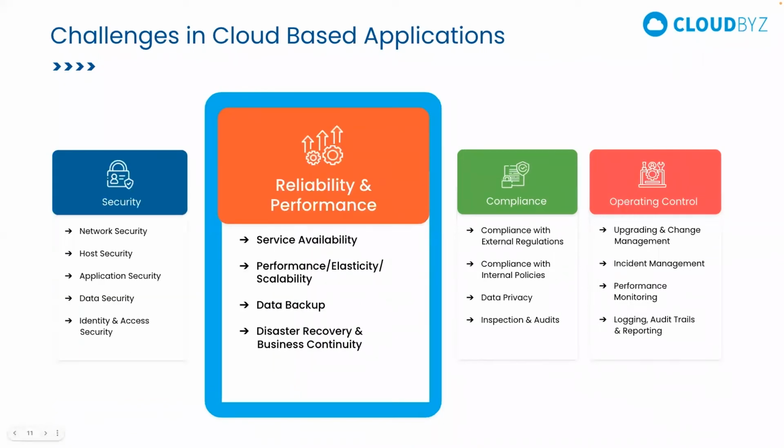So under reliability and performance, service availability, scalability, elasticity, and data backup and recovery are three major aspects. If you see the service availability here, you need to have an agreement with the service provider, right? It's typically documented as a percentage of time per year. Meaning, in the agreement, you need to ensure that service providers agree that their services, which could be a network or a platform, are up and running throughout the year.